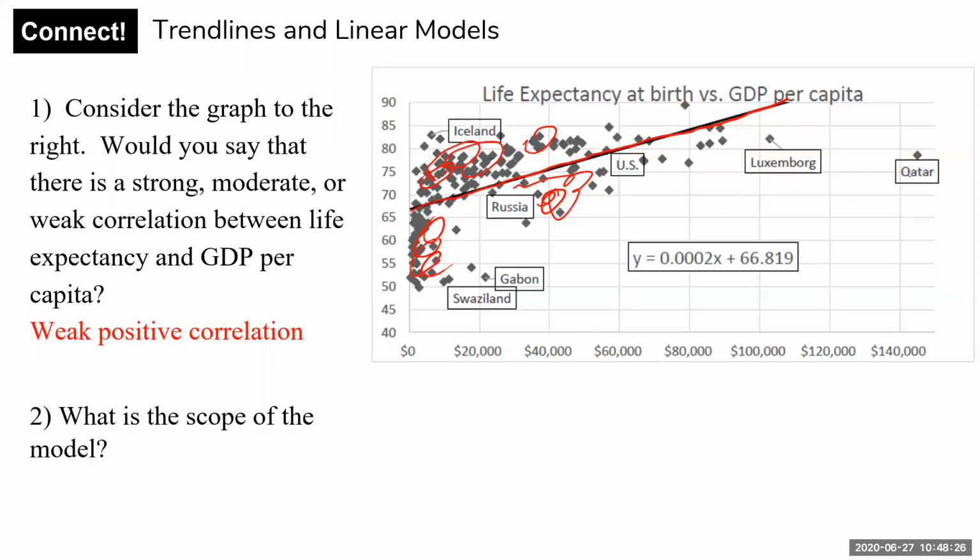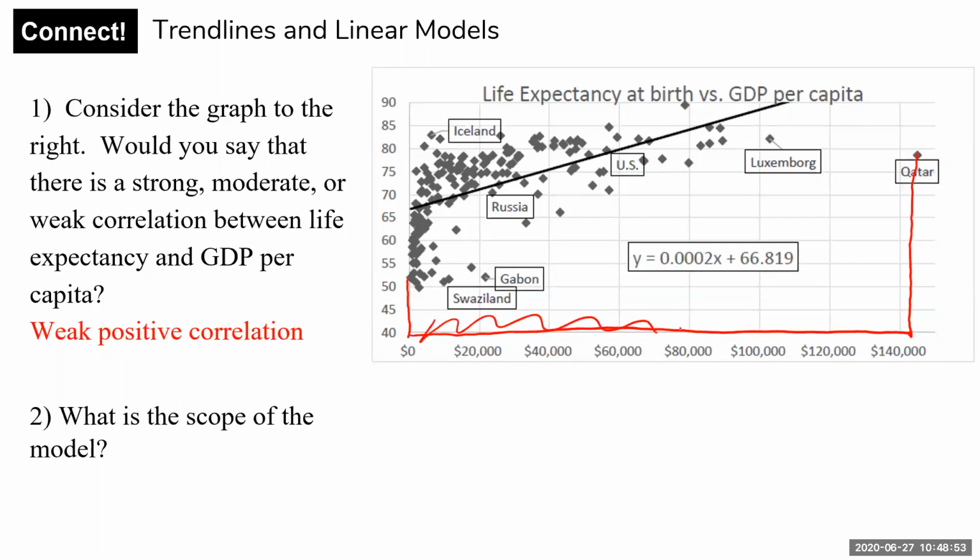Now, what is the scope of this model? We agreed a while ago that the scope of the model is where the first dot starts. You trace that towards your x-axis, versus where the last dot ends. You trace that to the x-axis, and the range of values here is what we call the scope of the model.